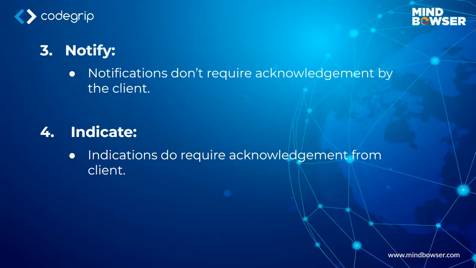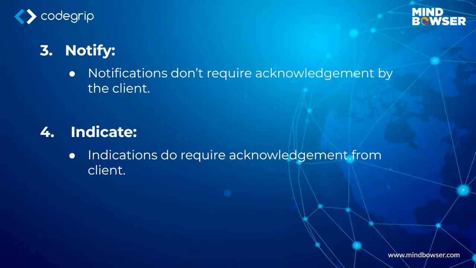Then notify and indicate. Notify and indicate mostly work the same way, meaning they continuously give the changing data of our BLE devices. But the main difference between notify and indicate is that when we enable notify, the notification does not require any acknowledgement by the client.